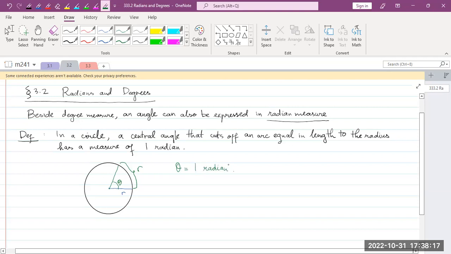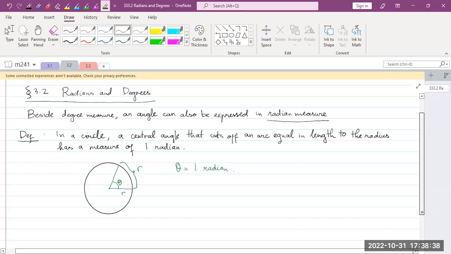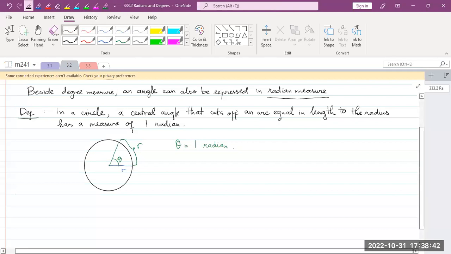Okay, that's 1 radian. Basically, you will see radian is actually the ratio of the arc length cut off by the central angle to the radius of the same circle. Let's write it.